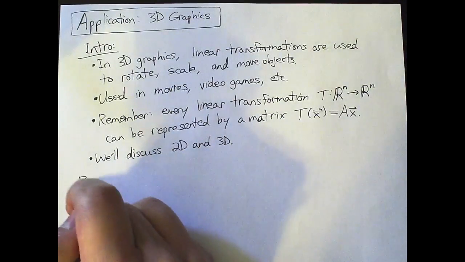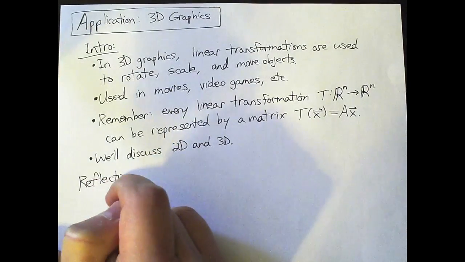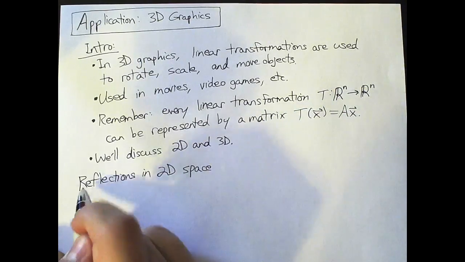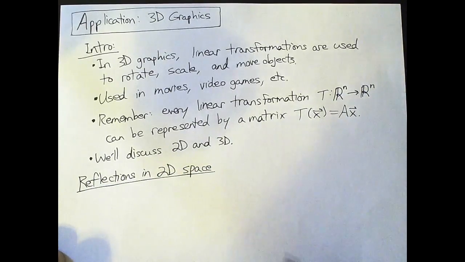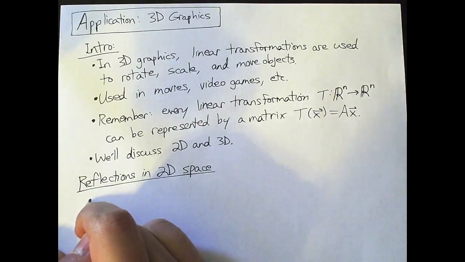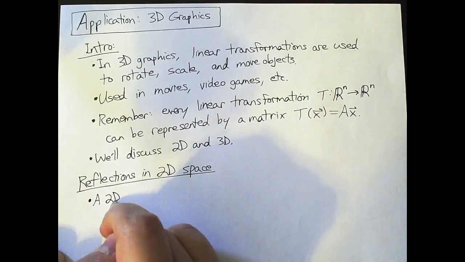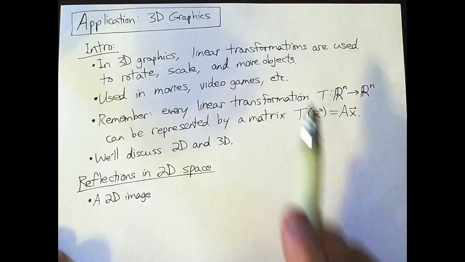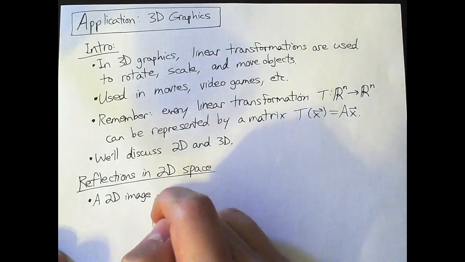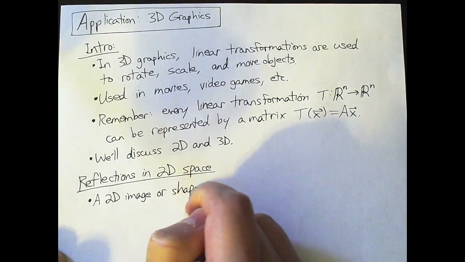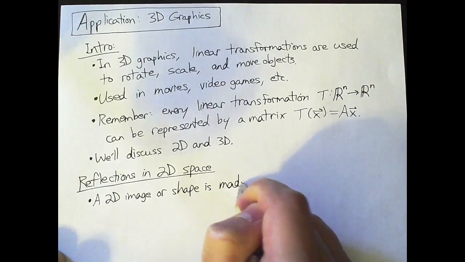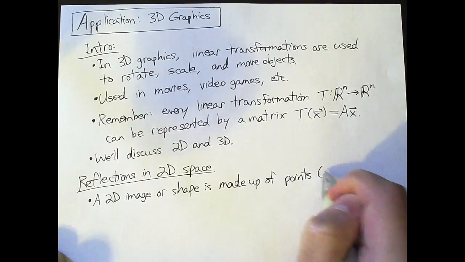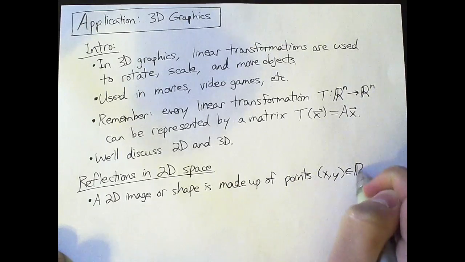So let's start by talking about reflections in 2D space. Reflections would be flipping an object around, and we'll say that a two-dimensional image, instead of a three-dimensional model or shape, is made up of points x comma y in R2.